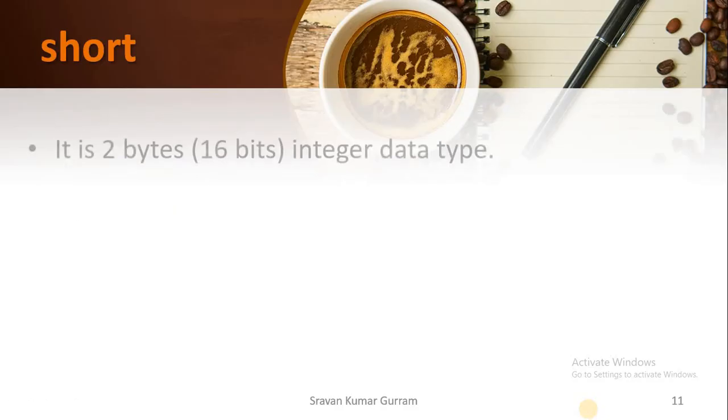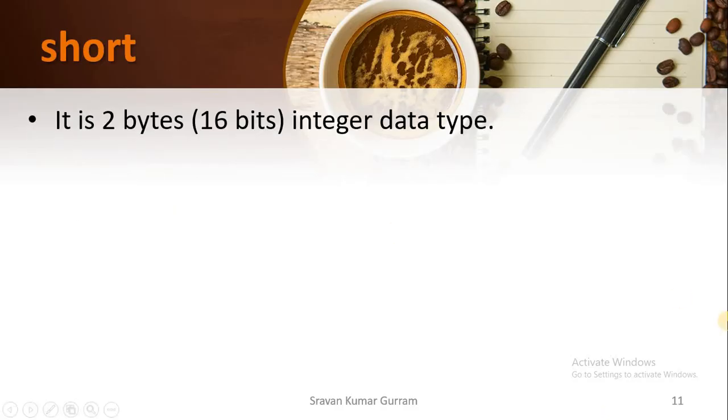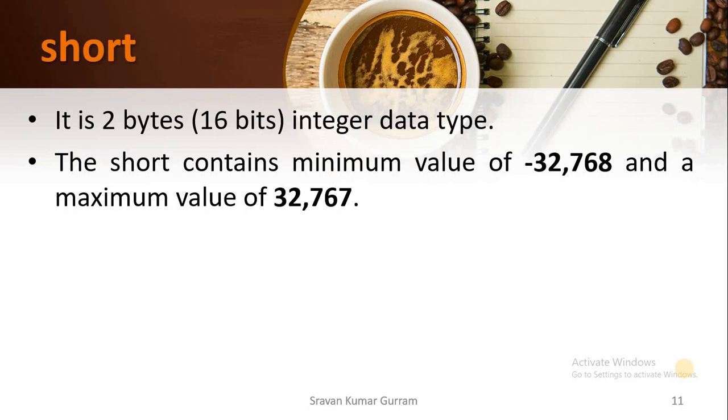Next, the short data type. It is a 2 byte or 16 bit integer data type. The short contains a minimum value of minus 32,768 and a maximum value of 32,767. We can't store any value out of this range.